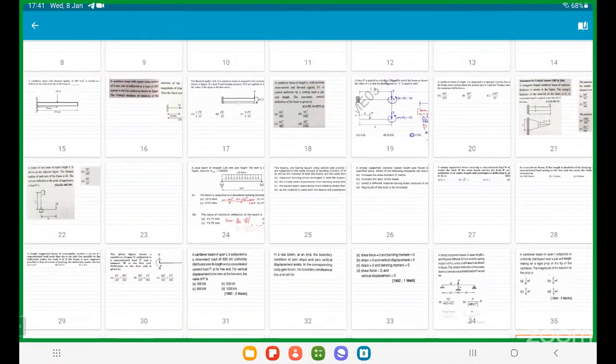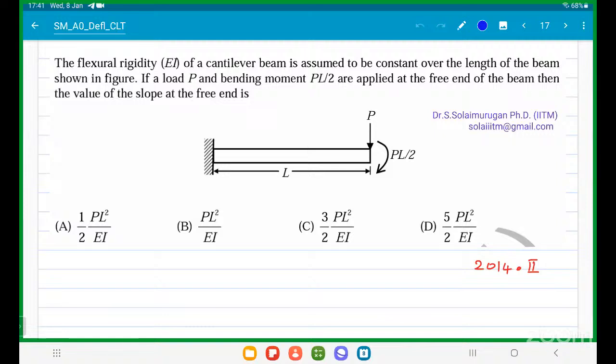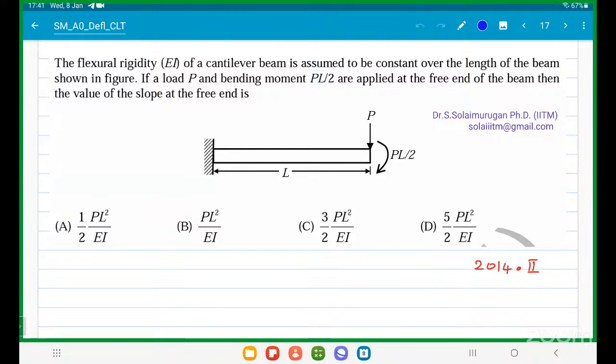Highly repeated question. This model. Right. Read the question carefully.